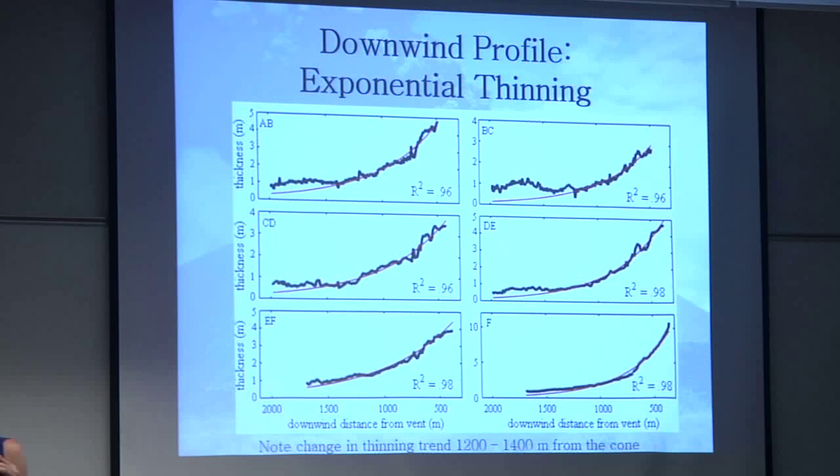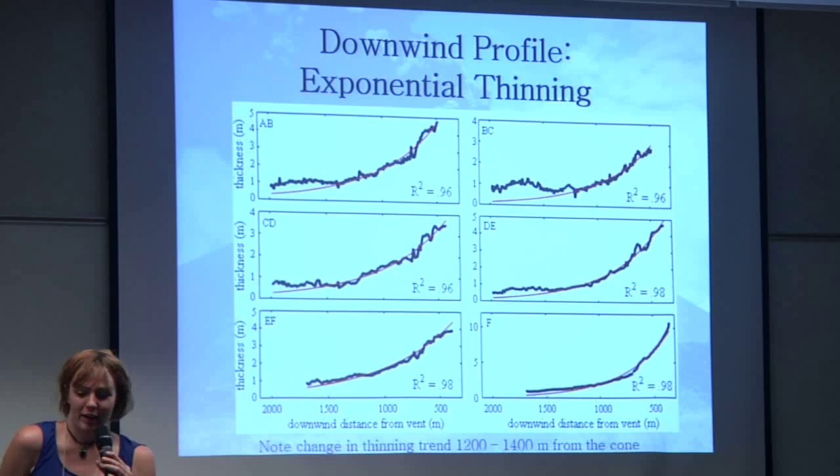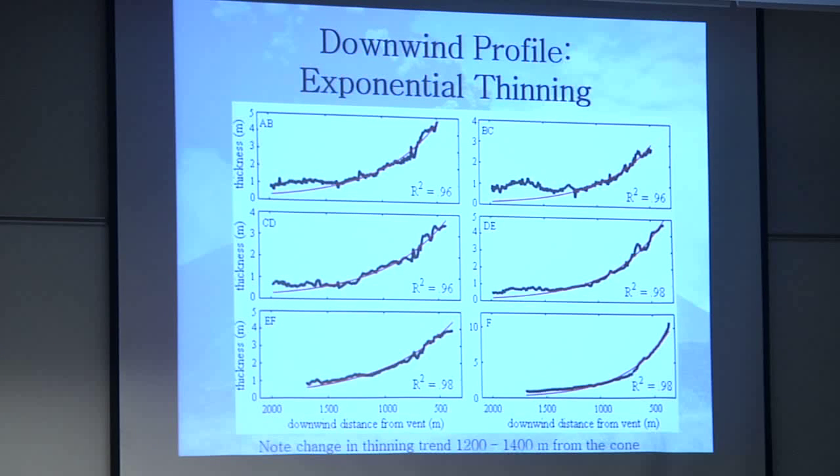And if you remember what I said about what's predicted by the advection diffusion equation, something I forgot to tell you about Cerro Negro is that it does have very constant, fairly steady trade winds in the area. So the majority of these eruptions have been erupted into very similar wind fields that are fairly simplistic. So then we look at the thinning trend of profile D, and it's an exponential, just like we expected from the advection diffusion equation.